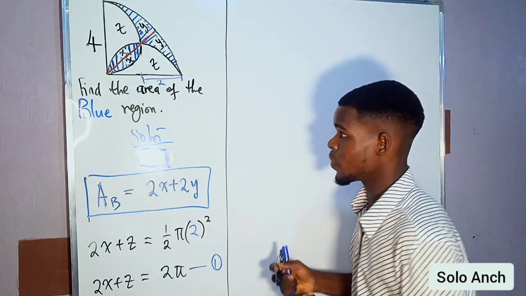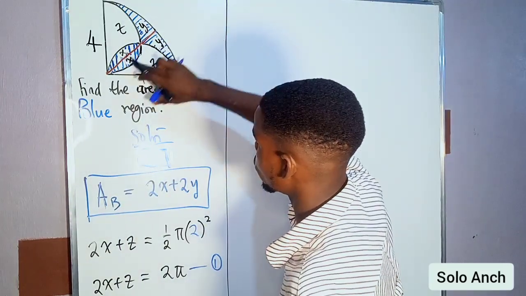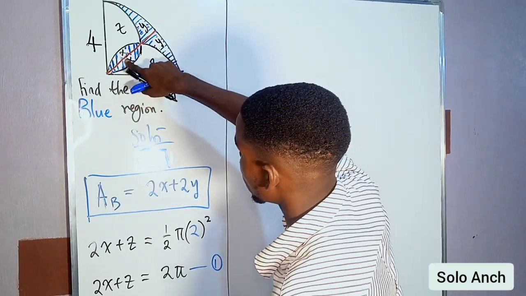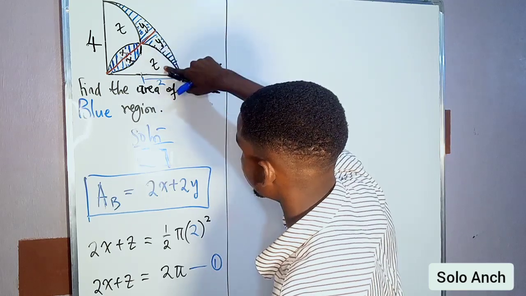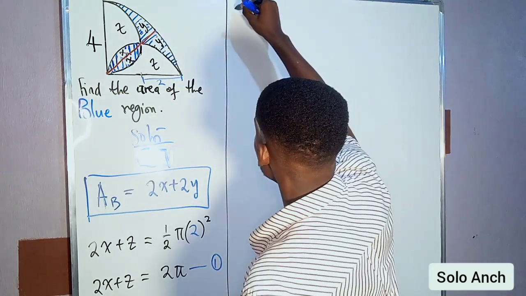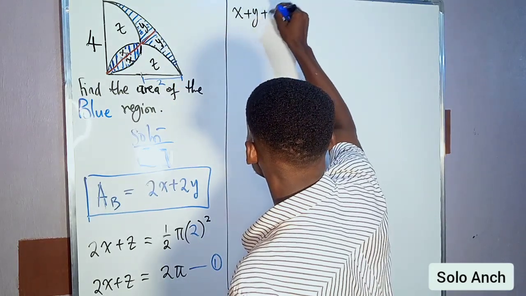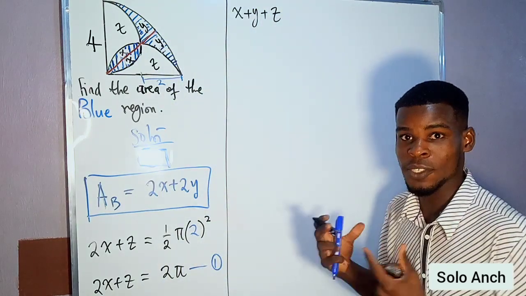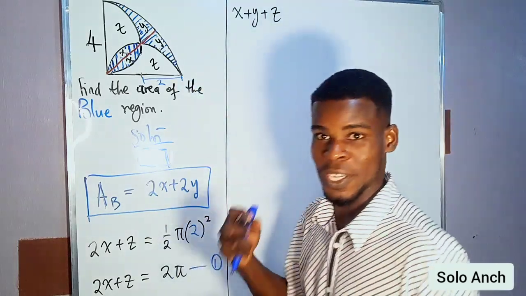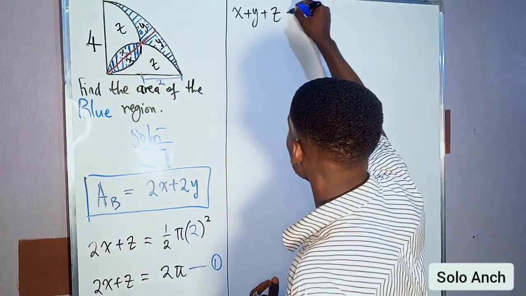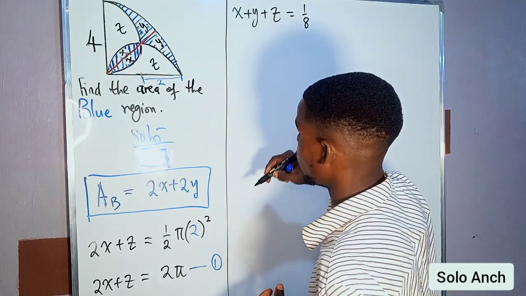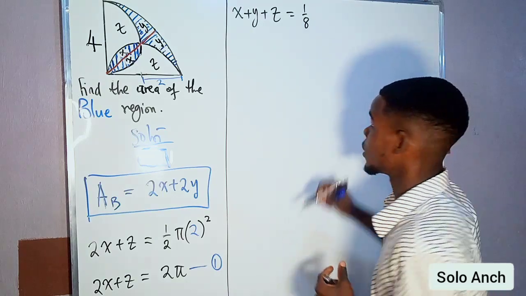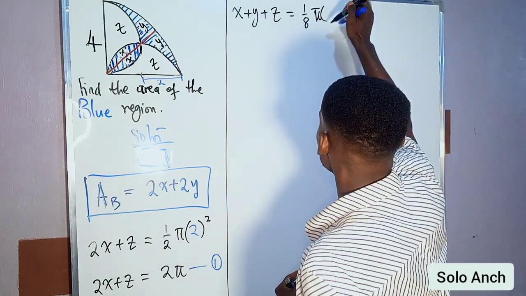So the 1/8 of the original circle consists of X plus Y plus Z. So I'm just going to put down that X plus Y plus Z, which are the areas of the 3 segments in the 1/8 of the original circle, will give us the area of this, which will just be 1/8 of pi r squared, right? But in this case, the radius is the original radius given, which is 4 units. So that will be 1/8 pi, then 4 squared.